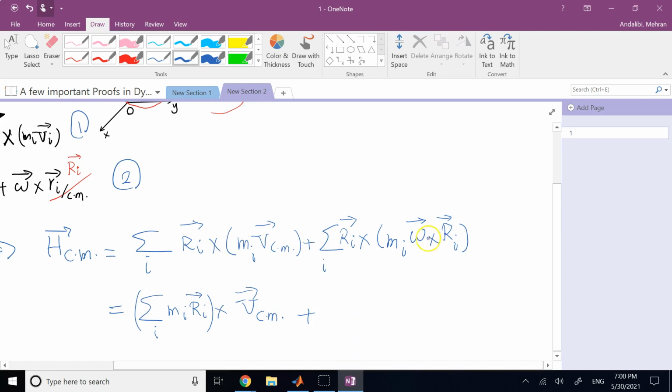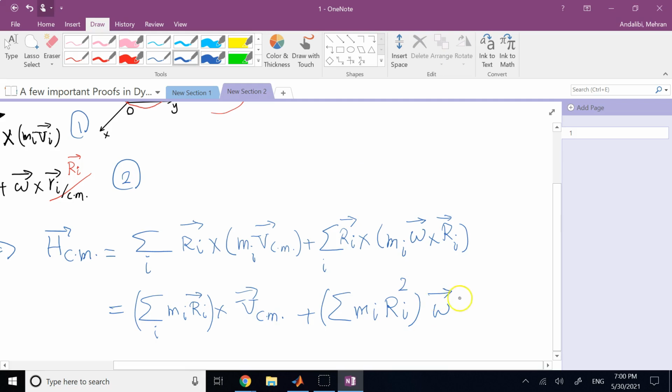So I can write this as summation of mi magnitude Ri squared times omega. Okay, this is A cross B cross A. We have to go and look it up, what happens to A cross B cross A, right? Can I write it this way?